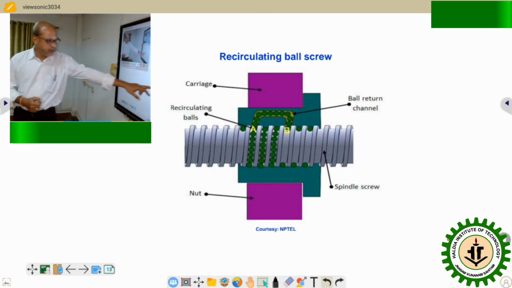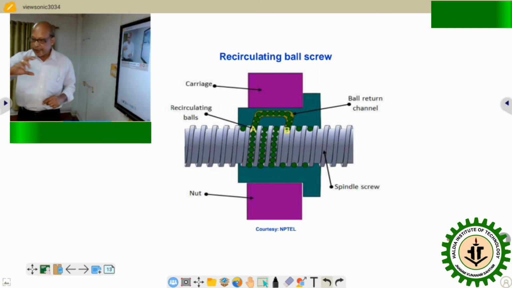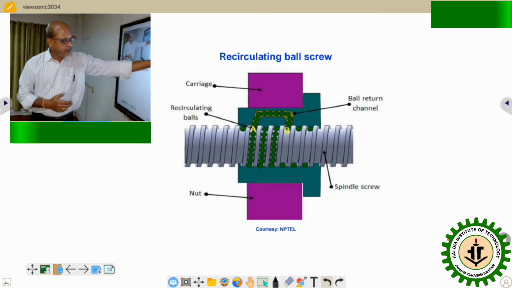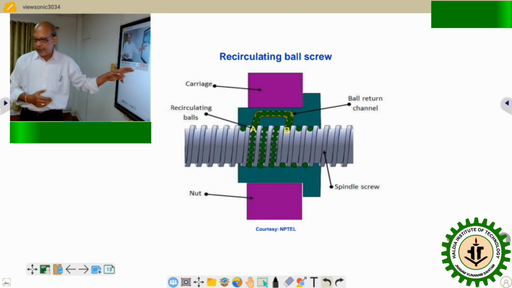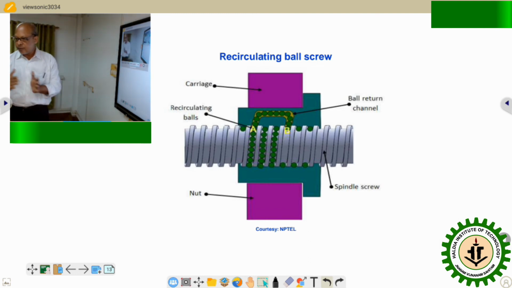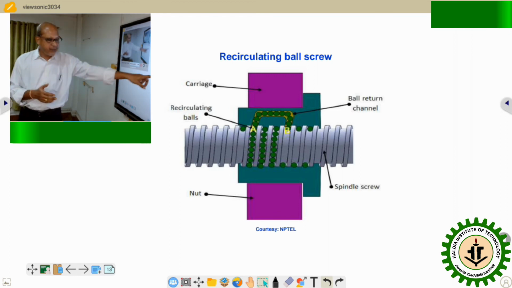As the spindle screw keeps on rotating, the other element which is attached to it will also have a linear movement. It is the same screw-nut mechanism, but with the modification that the Acme thread lead screw is now replaced by a recirculating ball screw. How will it function?